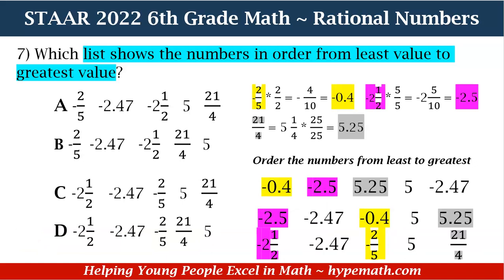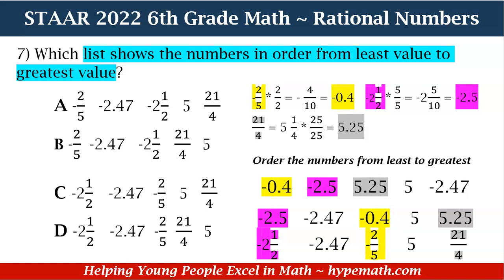So we've just written the numbers out, and they're not in order in the first line, where it's -0.4, -2.5, 5.25, and -2.47. That's not in any type of order. We just wrote the numbers down. But that next line, we are going from least to greatest, okay?